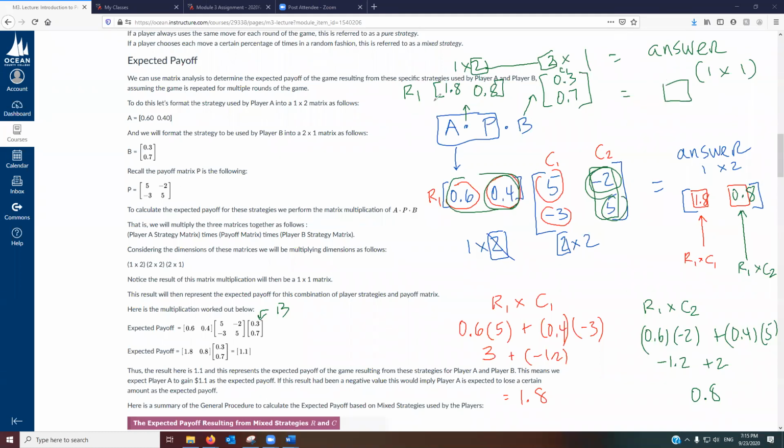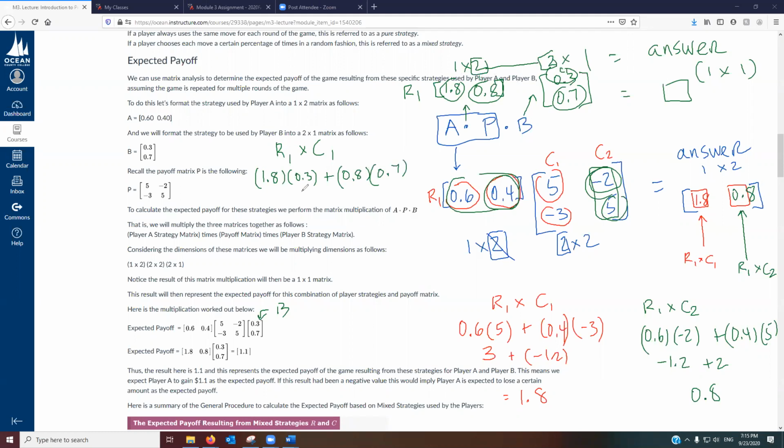All right, so to answer that, I'm going to do R1 times C1. So when I do that, that's going to be 1.8 times 0.3 plus, now I got to take 0.8 times 0.7. I'll work this out.